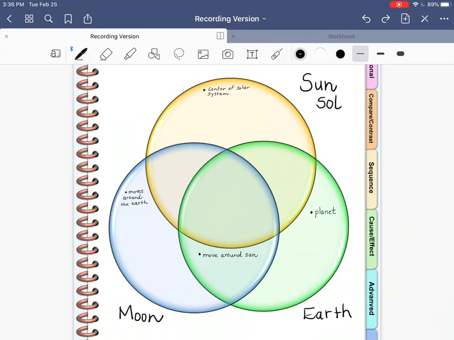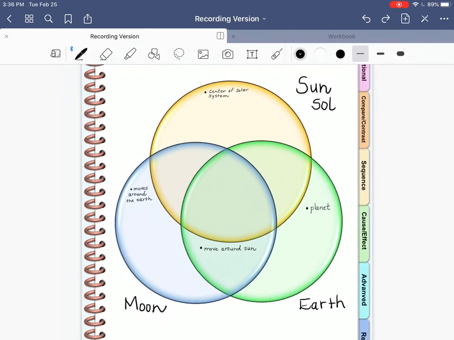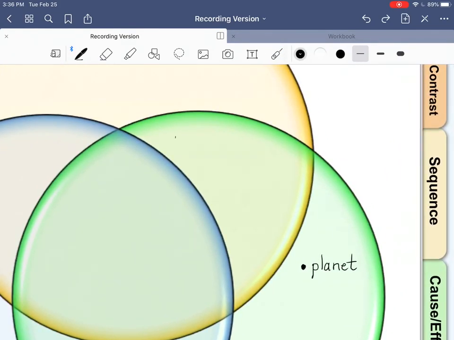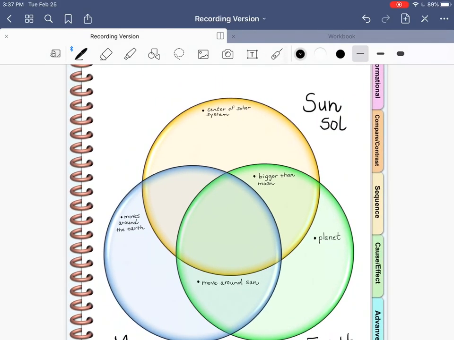So this time we're going to go into this space because it's earth and sun. So we're going to zoom in there. They are both bigger than the moon. So you see how I'm having to really think about where each of these pieces go.